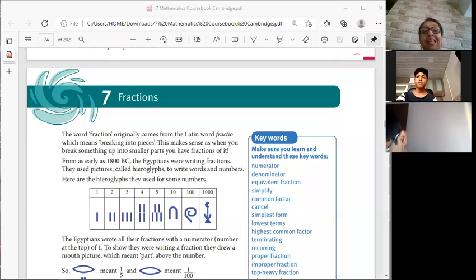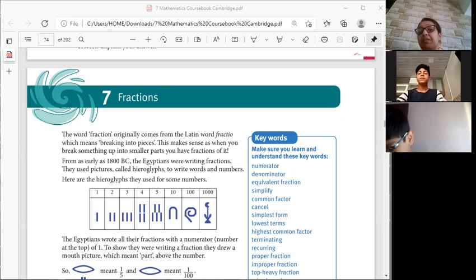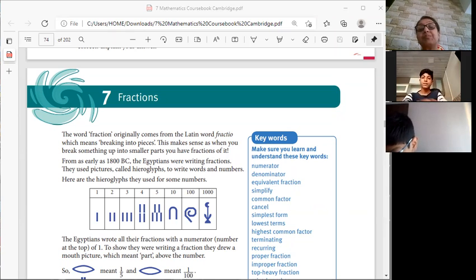This makes sense, as when you break up something into smaller parts, you get fractions of it. Yes or no? Or when you break your bone, you get a fracture. So fractio means breaking into pieces.